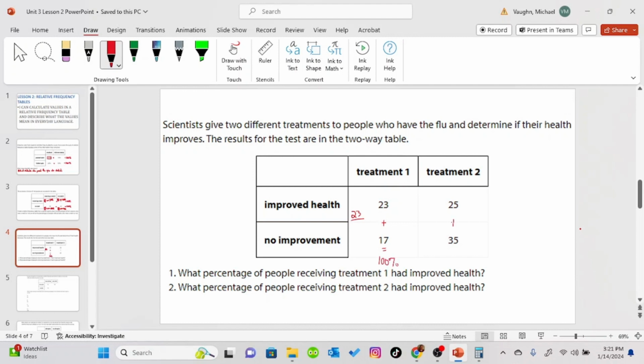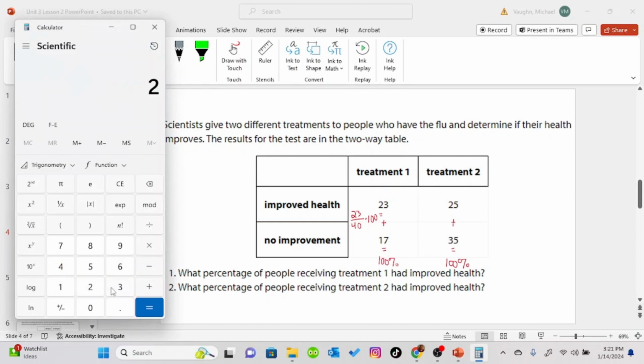Then we're going to add this column together and have it equal 100%. So 23 plus 17 is 40. So we're going to do 23 divided by 40 times 100, and we're going to get our percentage. And that rounds to 58%.